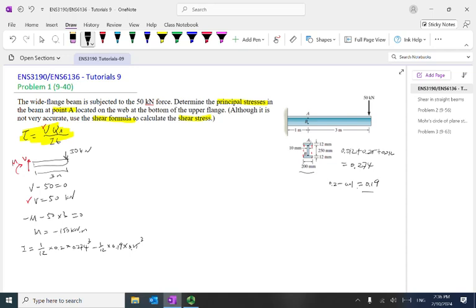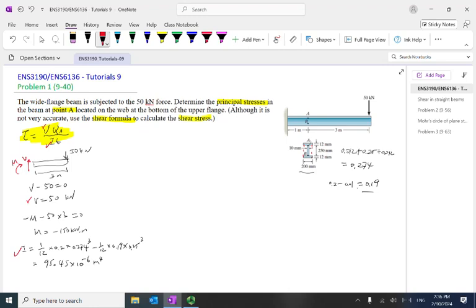This is what we did many times, so I will not give more details. Of course from here we get a number, 95.45 times 10 to the -4 meter to the 4. So that's I worked out.